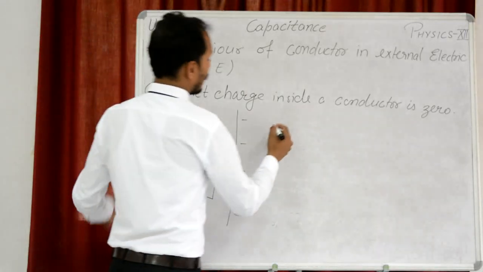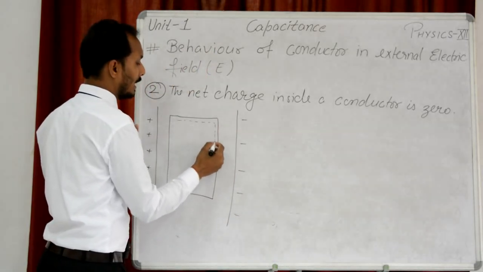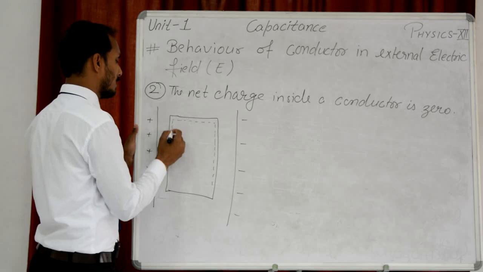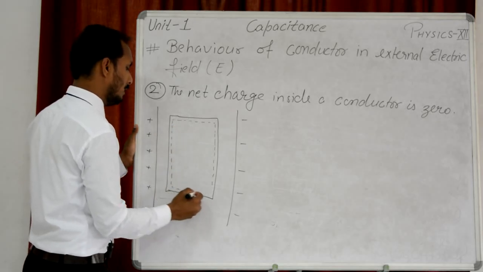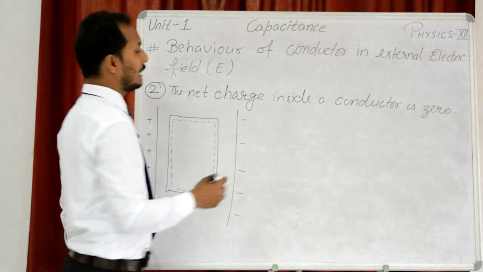For this we consider a Gaussian surface just inside the conductor.